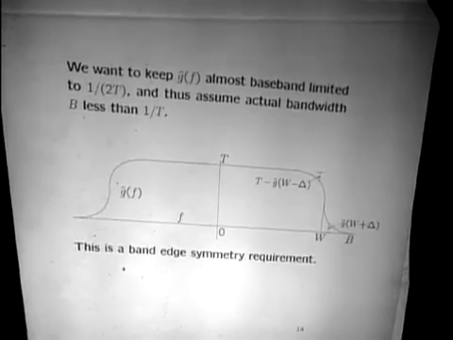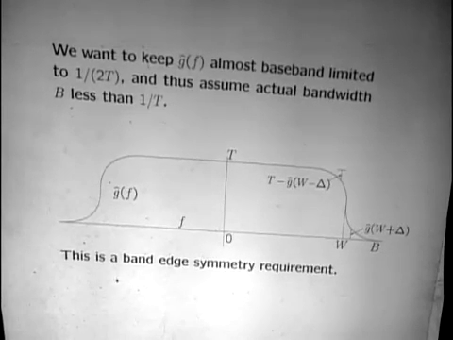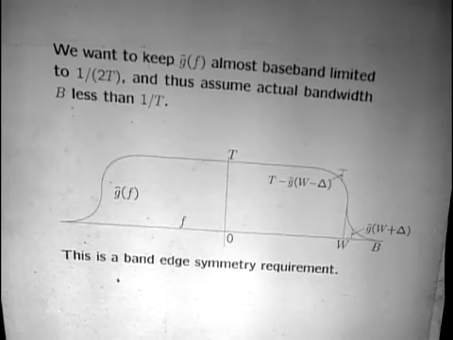Okay, there's a slightly easier way to look at this aliasing criterion, which now becomes the Nyquist criterion, when what you're interested in is a waveform g of t, which is almost band limited, but not quite.